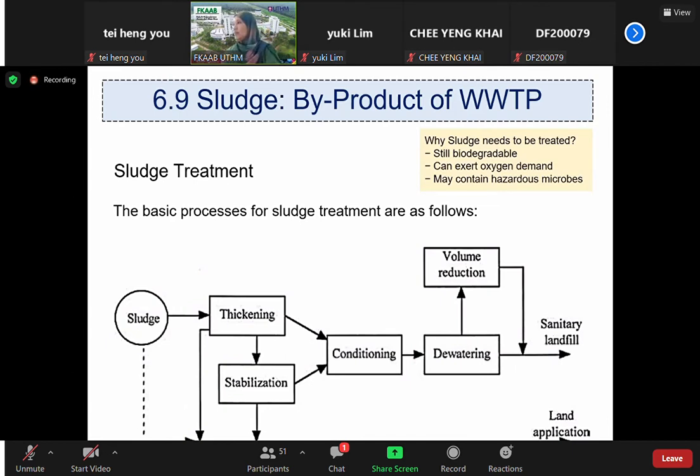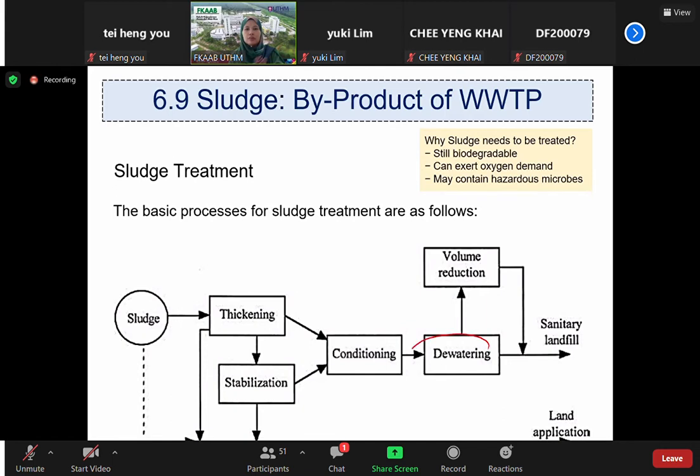So before we dispose the sludge, we need to do some treatment. It's either we do the thickening, kita kena ada buat some conditioning, kita kena buang air dia, volume reduction, and finally we send to the sanitary landfill. Or from the thickening, we do some stabilization. We remove certain chemicals, hazardous waste, and then after that we do the conditioning.